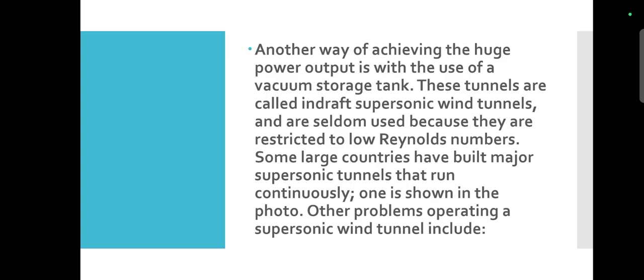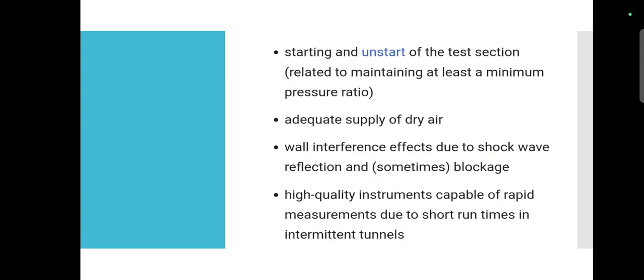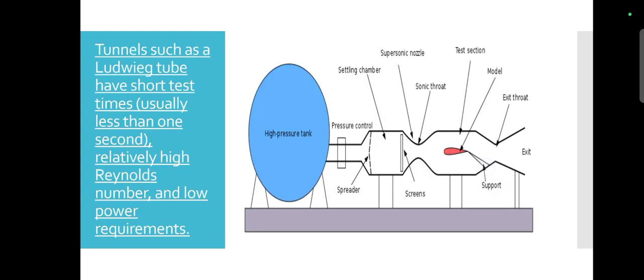Other problems operating a supersonic wind tunnel include starting and unstart of the test section, related to maintaining at least minimum pressure ratio, adequate supply of dry air, wall interference effects due to shock wave reflection and sometimes back blockage, and high quality instruments capable of rapid measurement due to short run times in intermittent tunnels.